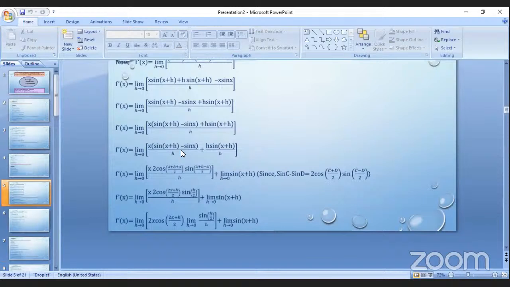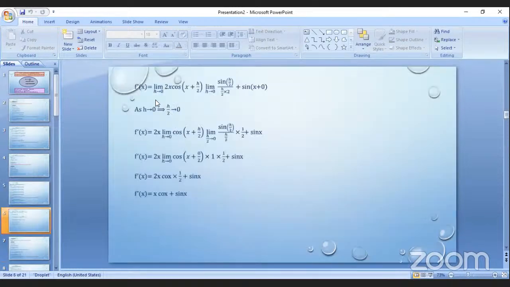Next. f'(x) = limit h tends to 0 of 2x cos(2x+h)/2. So split the fraction: 2x by 2 is x, 2 cancels, get x plus h by 2, into limit h tends to 0 of sin(h/2) by h.